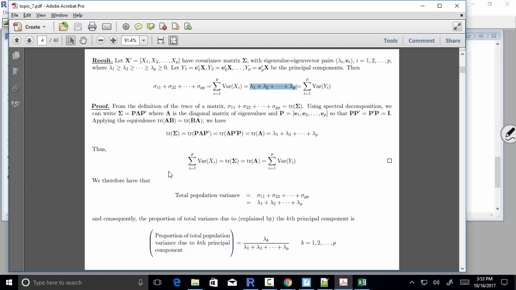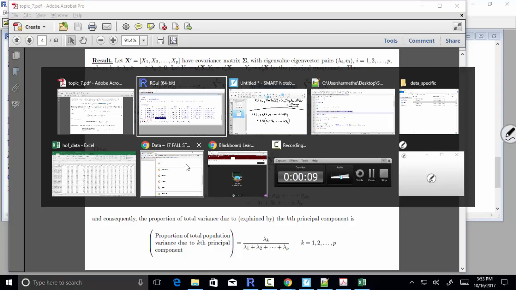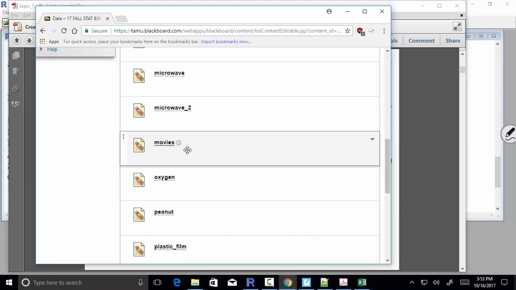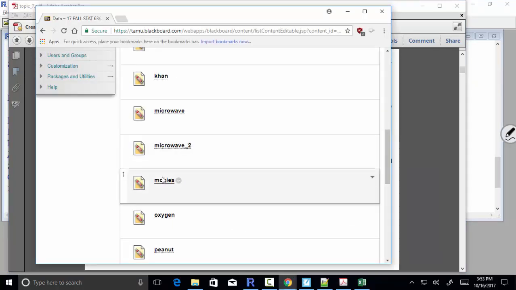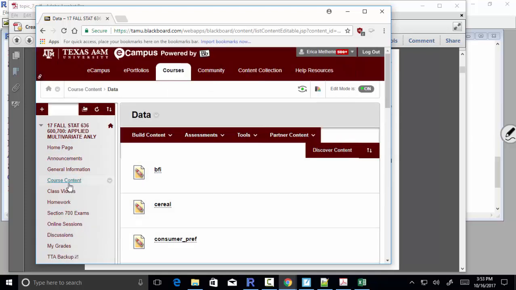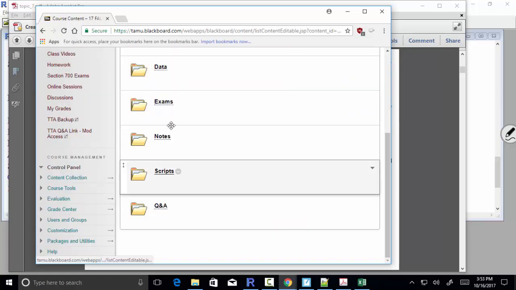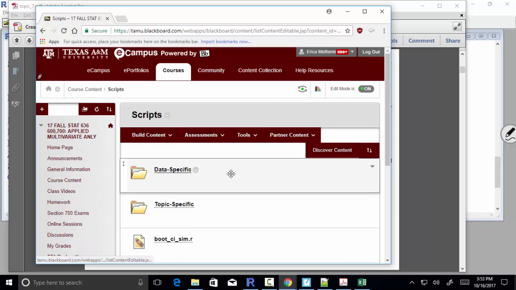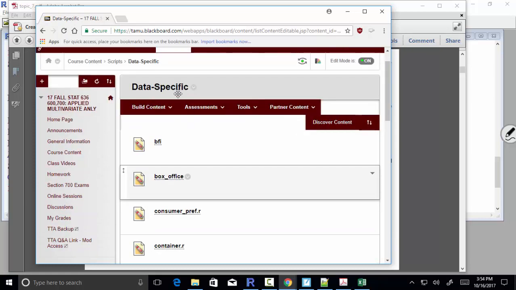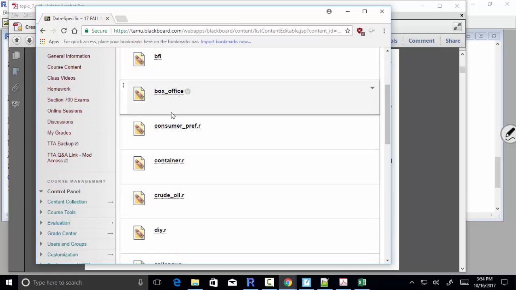For now, you could look through the notes a little bit. You might go through the code that I went through today, the Hall of Fame data code. Another example that you might check out is the movies data. There's a movies.csv, and under scripts, the movies data are called box office.